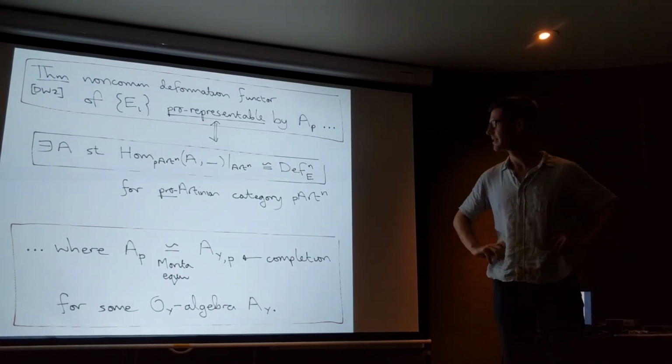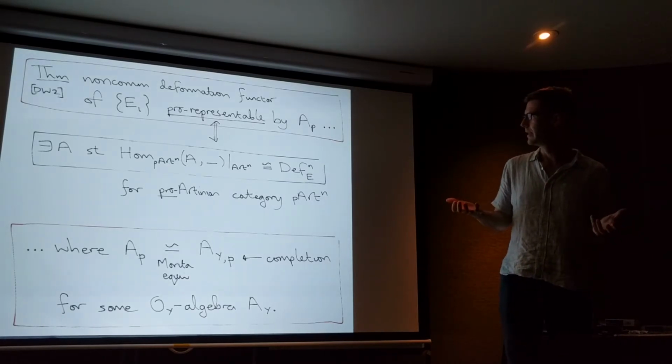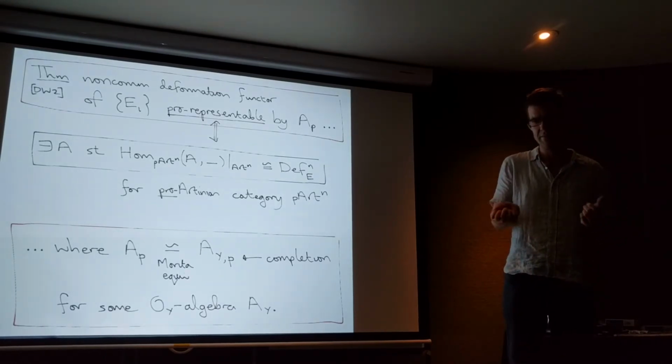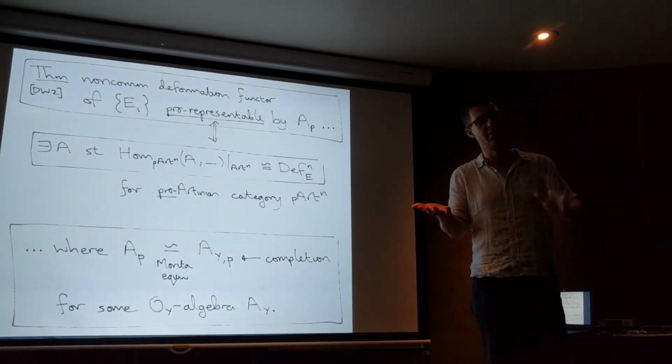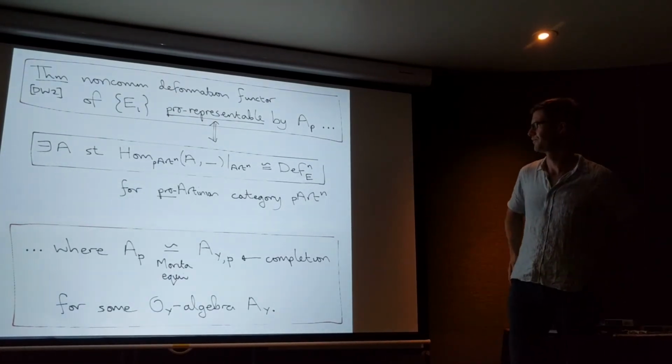So this is natural. It's like the representing object we had before, but it doesn't need to be finite dimensional. It can be infinite dimensional because of moving in that family, essentially.